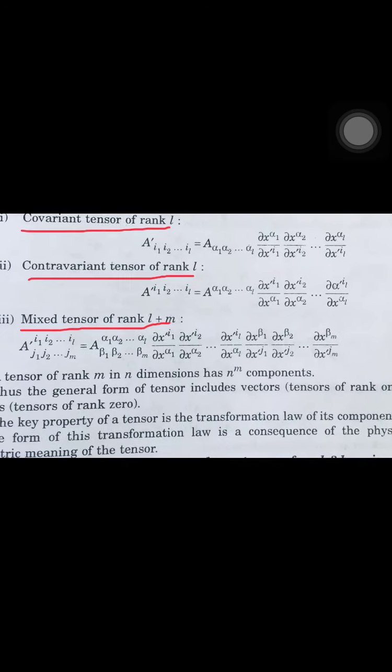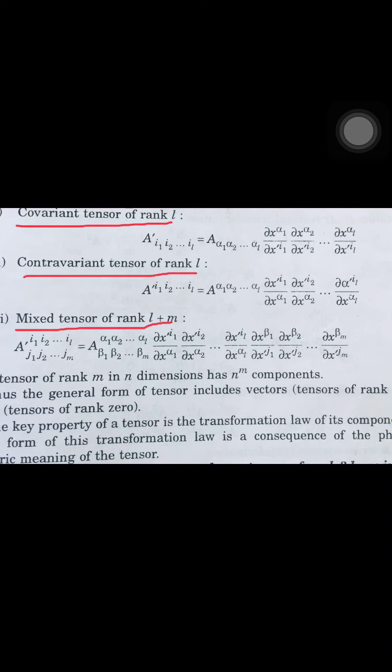And last, finally, mixed order tensor of L and M, in which L is the contravariant part and M is the covariant part, because M is in lower index and L is in upper index. So the L dash system components are in the numerator, but in case of M covariant, the dash system components of M are written in the denominator.